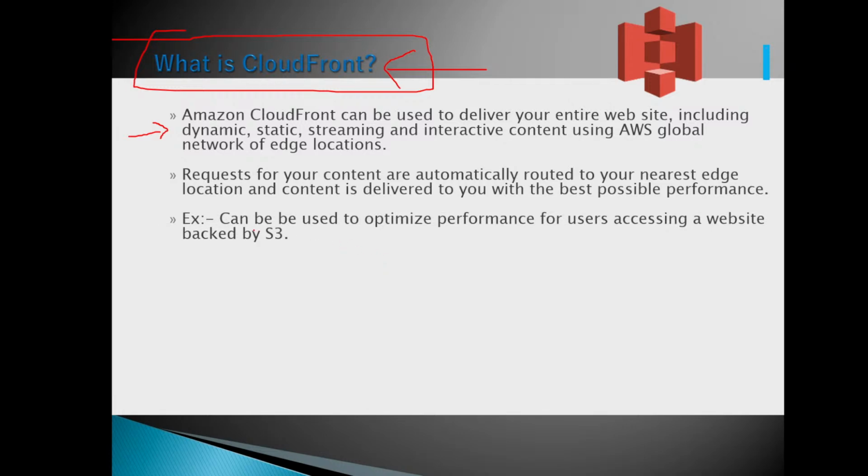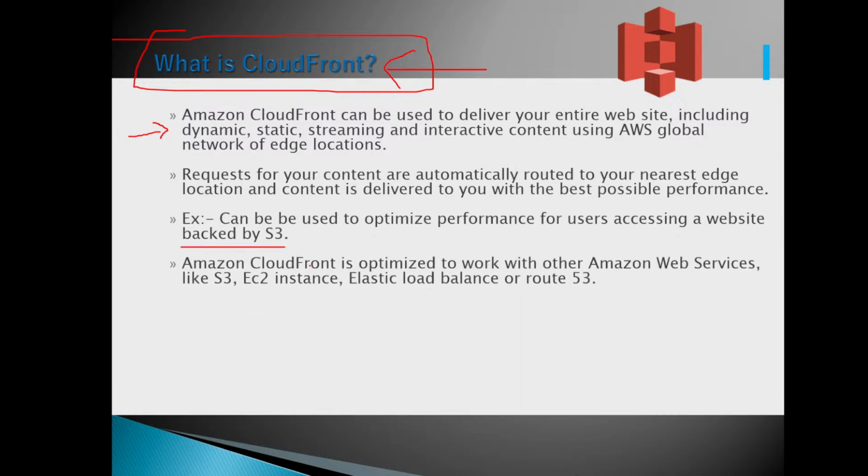For example, it can be used to optimize performance for users accessing a website backed by S3. Yesterday we created an S3 bucket and hosted a website on it. We can attach CloudFront in front of it and use it to improve the performance of our website. We'll do that today. Amazon CloudFront is optimized to work with other AWS services as well, like S3 bucket, EC2 machine, Elastic Load Balancer, Route 53, and so on.